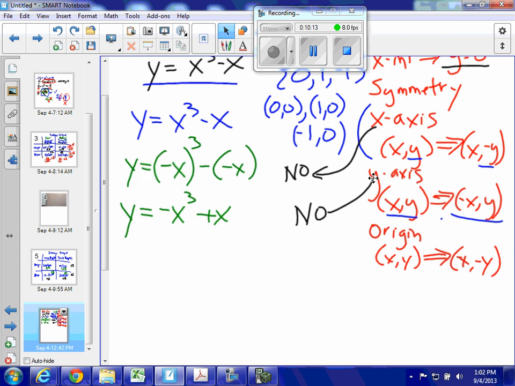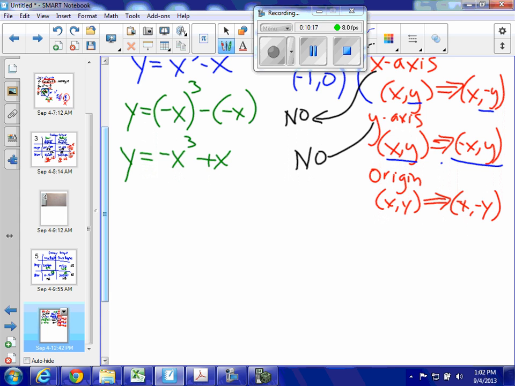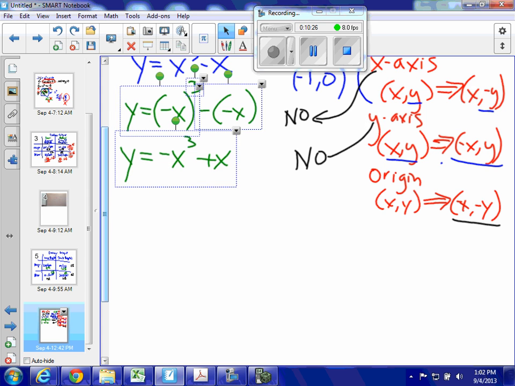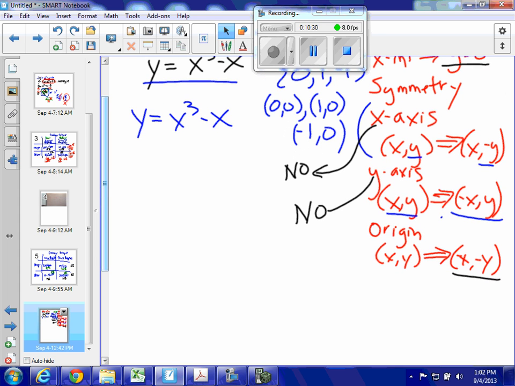How about the origin? Well, the origin is where I'm going to change both my x and my y to be negative. Let's see what that looks like. You know what? I can erase this here so we can see it more clearly. Okay, here's my original equation. I'm going to change both my y and my x.